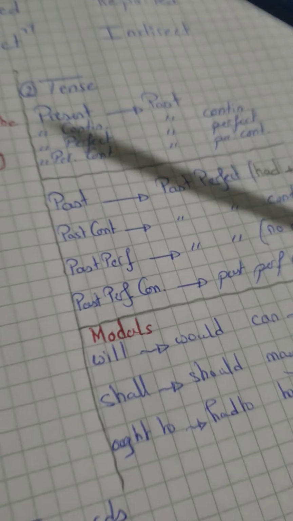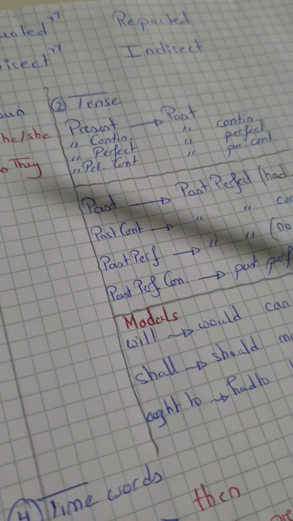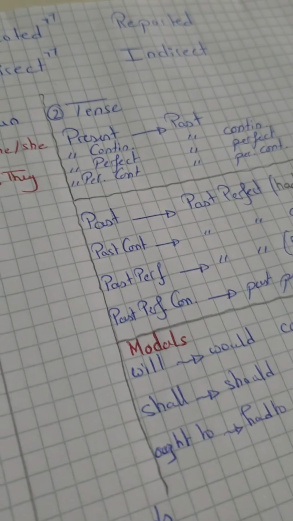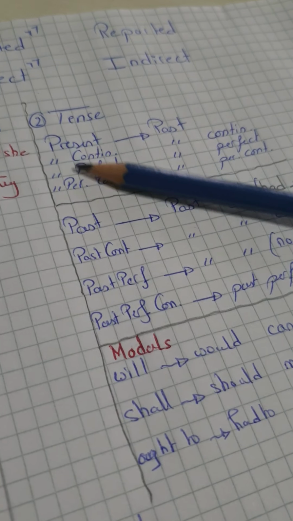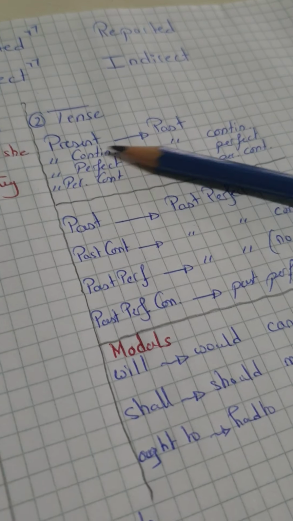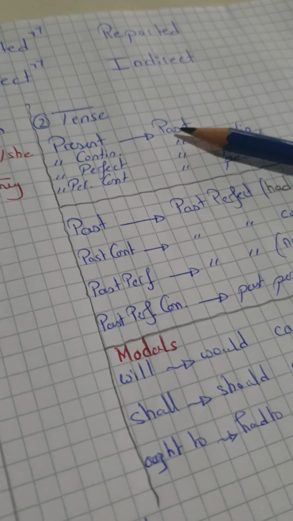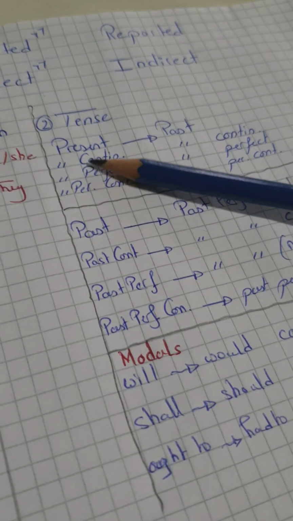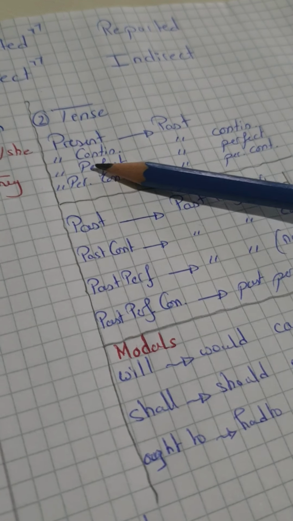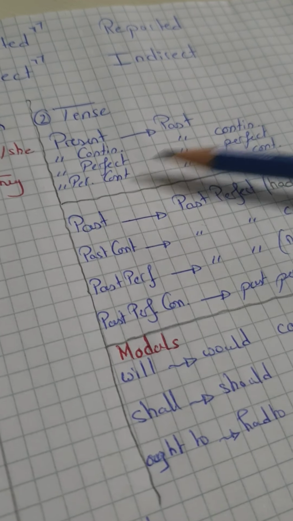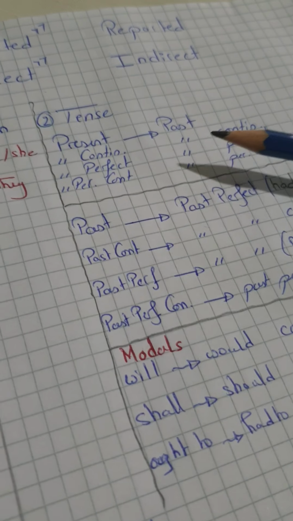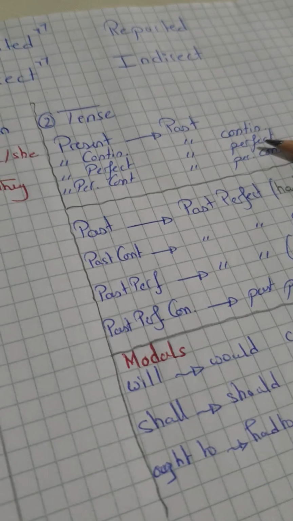Now, I have divided the tenses into three parts: the present, the past, and modals. I teach my students whenever we have a present, no matter what kind of present, it always changes to the past. So the simple present changes to past, present continuous changes to past continuous, present perfect changes to past perfect, present perfect continuous changes to past perfect continuous.